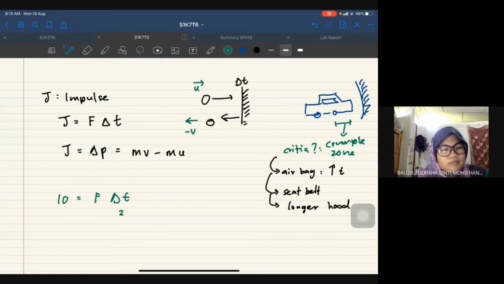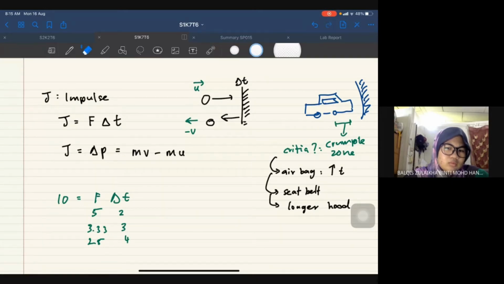So if delta t is 2, F is 5. But if delta t is 3, this one becomes what? 3 point. So 10 divided by 3 becomes 3.33. Understand? So as this one goes up, this one becomes smaller. So if we increase the delta t, you will expect F will be smaller.